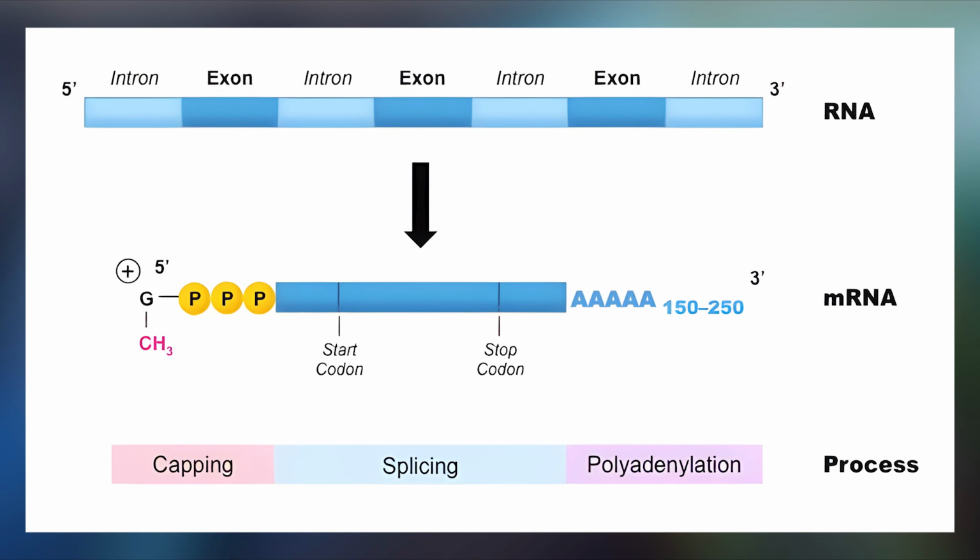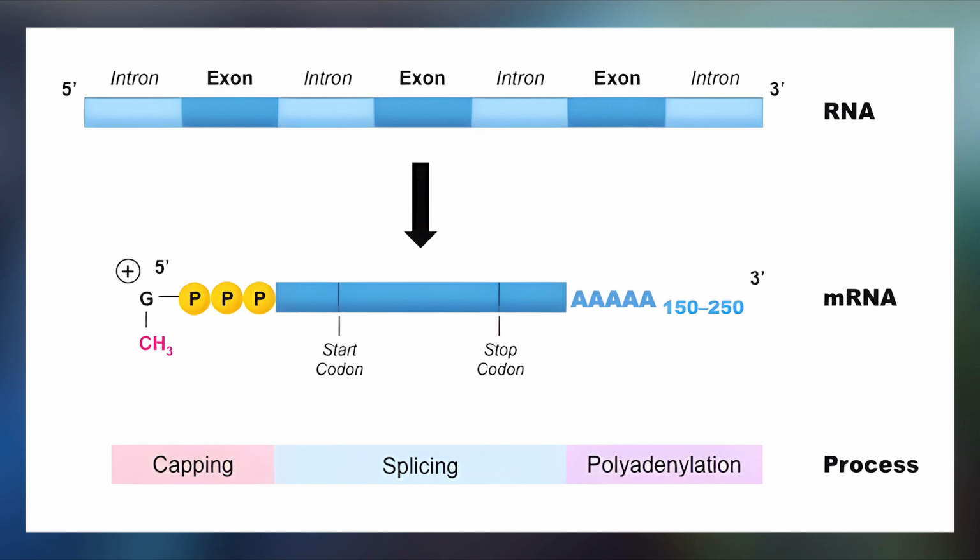The second modification is called polyadenylation, which basically means adding a whole bunch of adenosine monophosphate nucleotides to the opposite end of the pre-mRNA.